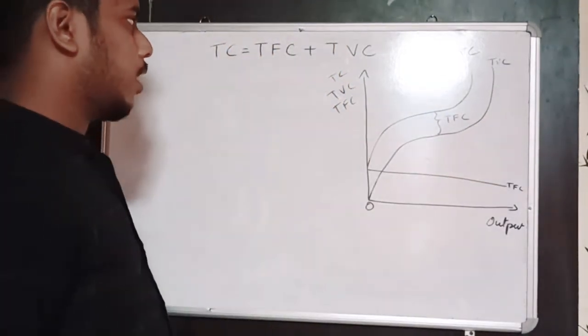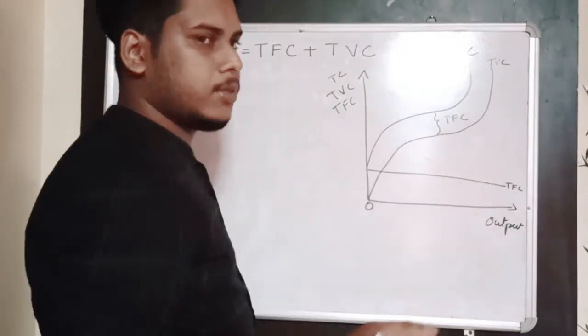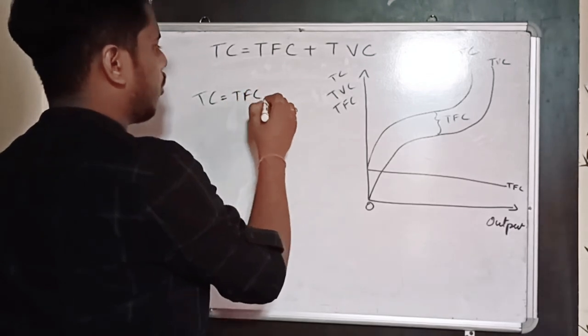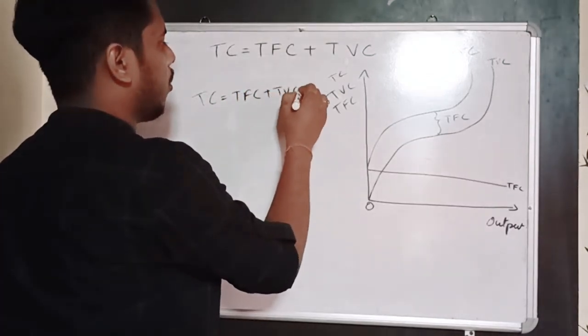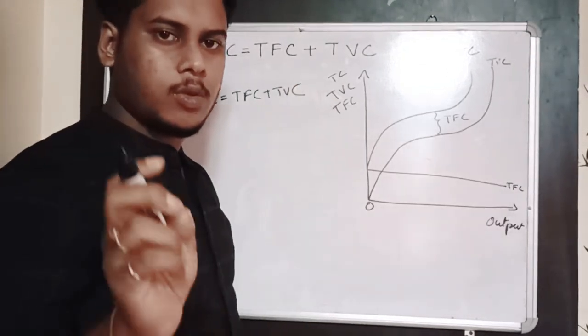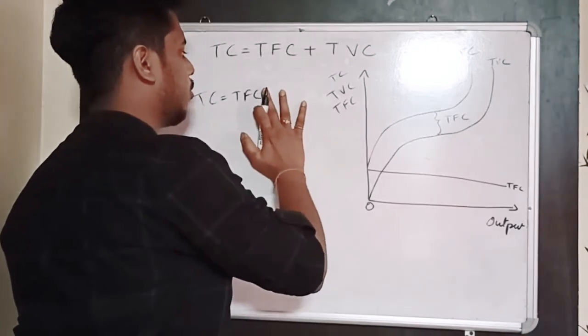And when your output becomes zero, we know that total variable cost becomes zero. So this term vanishes.